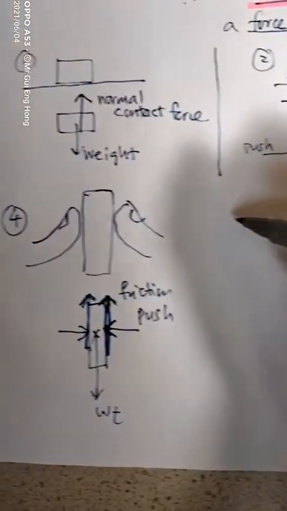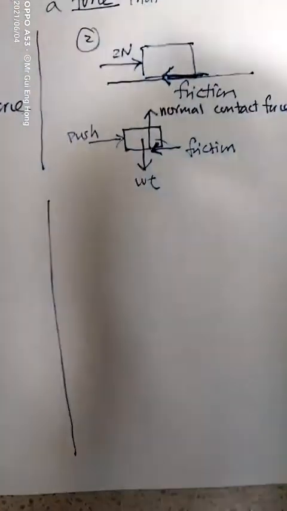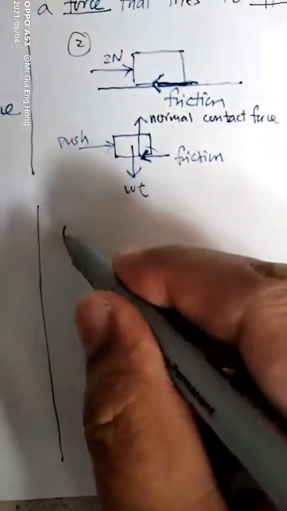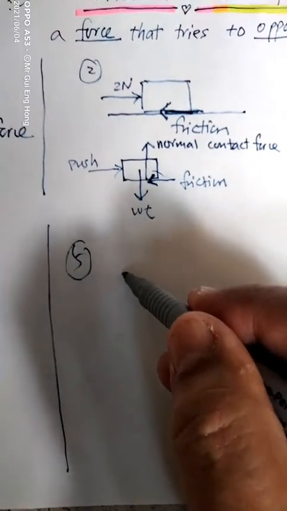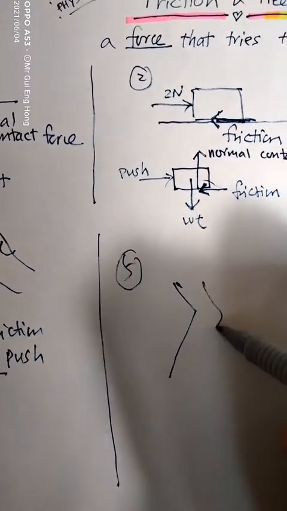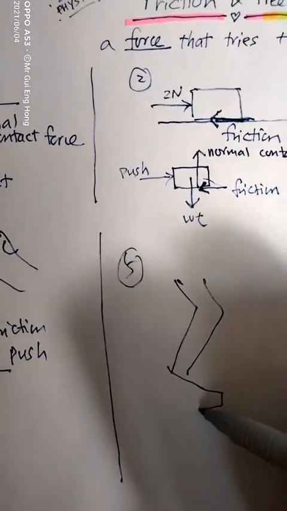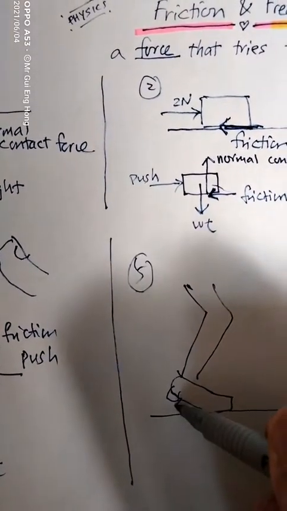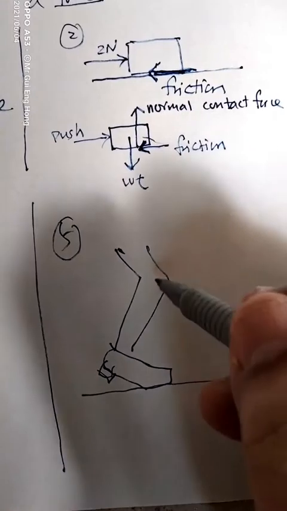Now let's look at another example. Say somebody is walking, this is the fifth example. If walking forward this way, this is the ground, this is a shoe.